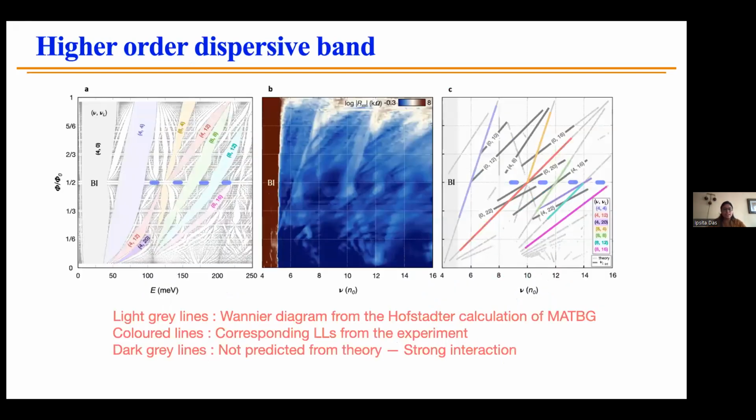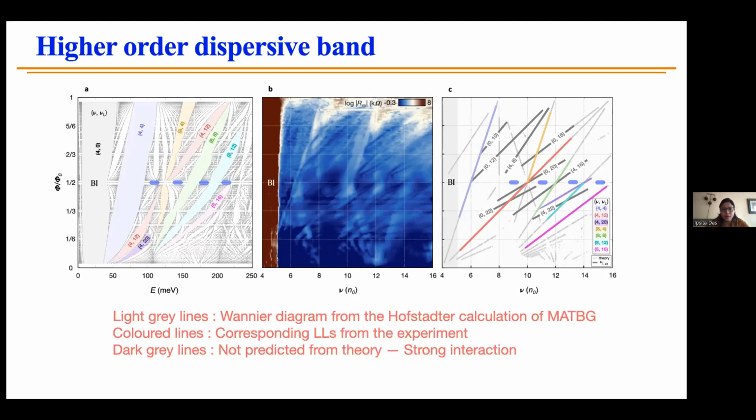So in this slide, on the left-hand side, we calculated the Hofstadter spectrum for twisted bilayer graphene. The thin gray lines correspond to different Landau levels, and the colored lines correspond to different Landau level gaps at different magnetic field.